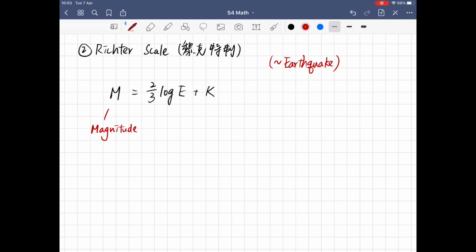And then for the E, it is talking about the energy released during the earthquake, which is measured in the unit of joule. And finally, for the K, it is simply a constant.